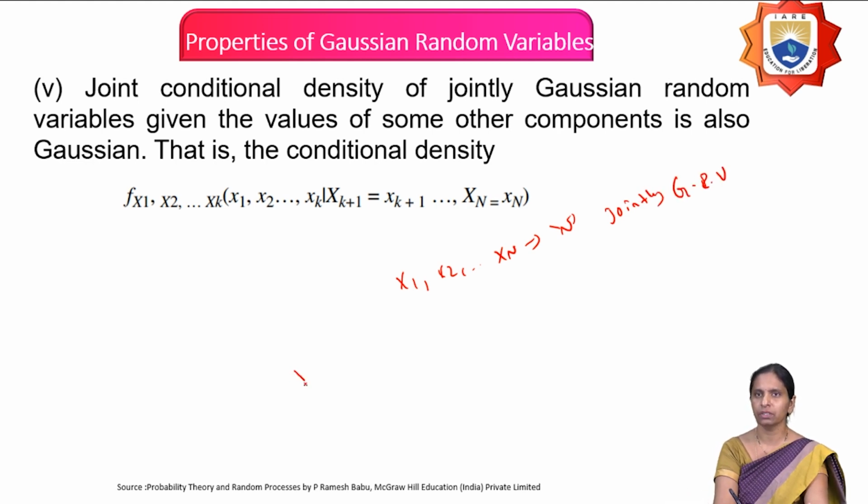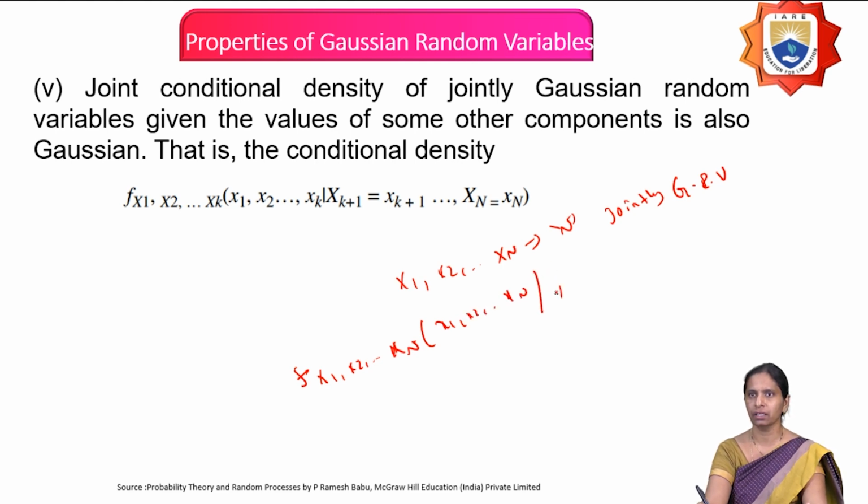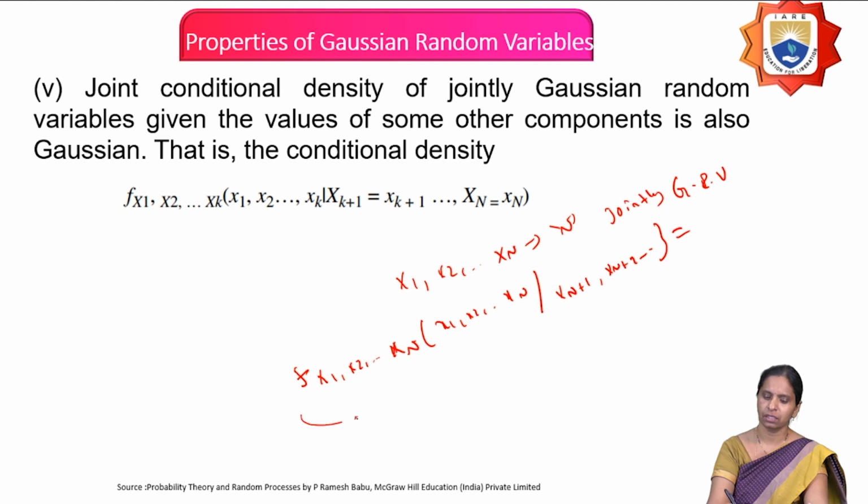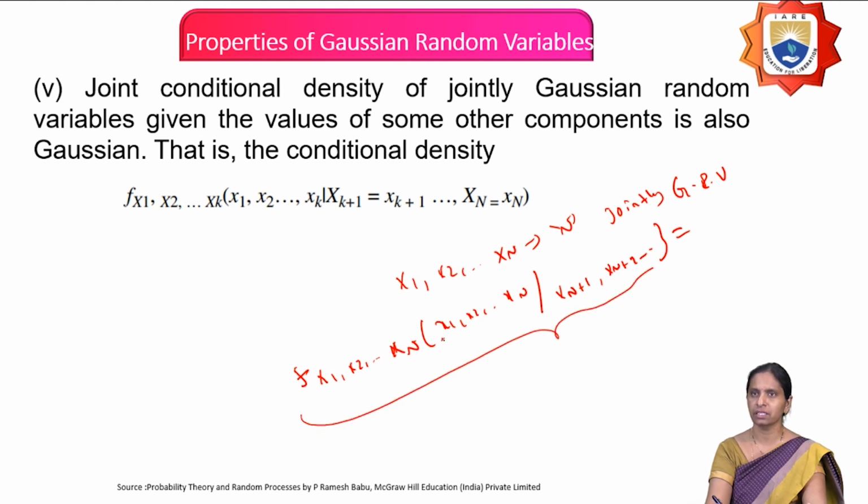Now we are calculating the conditional density function of x1, x2 and so on, xn, given some condition, say xn plus 1, xn plus 2 and so on. Then this joint conditional density function again approaches the Gaussian density function only.